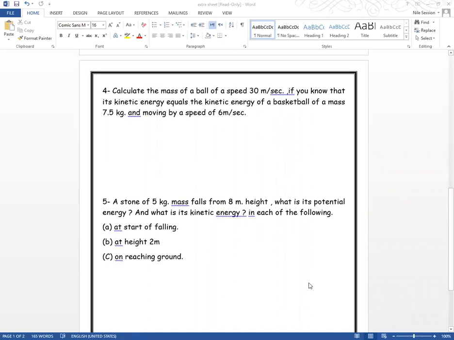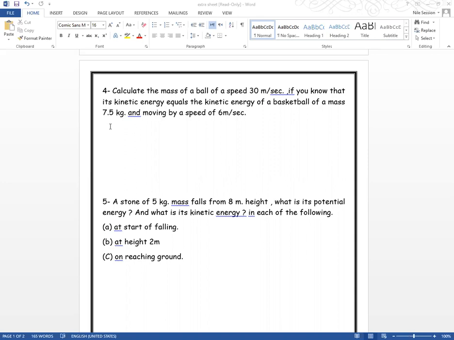Okay, problem number 4, calculate the mass of a pole of speed 30 meters per second, if you know that its kinetic energy equals the kinetic energy of a basketball of mass 7.5 kilogram moving at a speed of 6 meters per second.